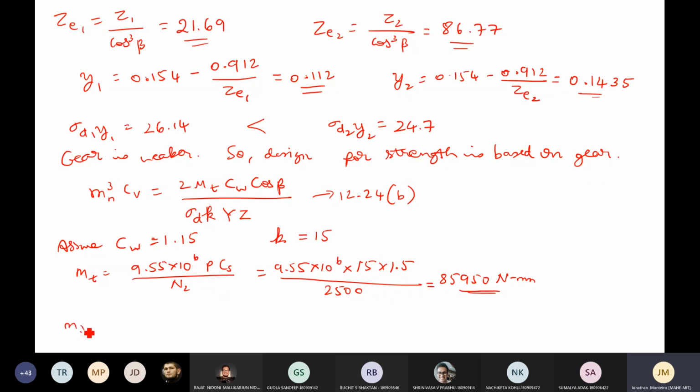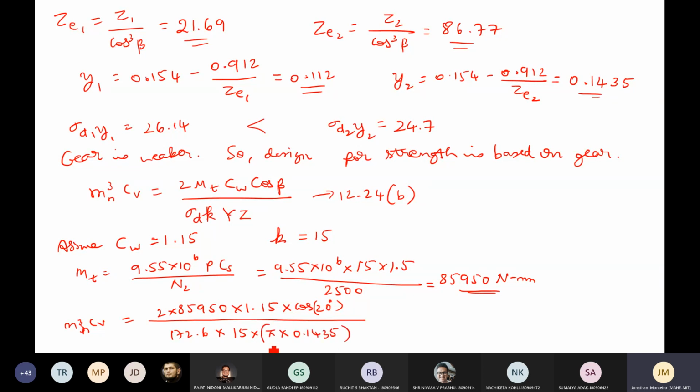Mn cube Cv must be equal to 2 into 85950 into 1.15 into cos of 20 degrees, divided by 172.6 into 15 into pi into y2, which is 0.1435, multiplied by z.